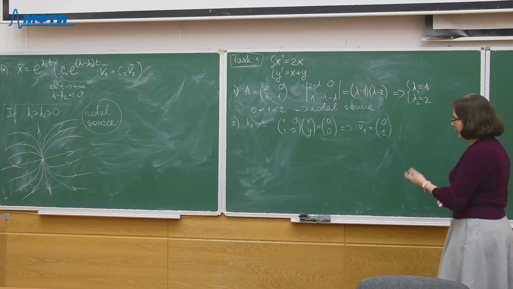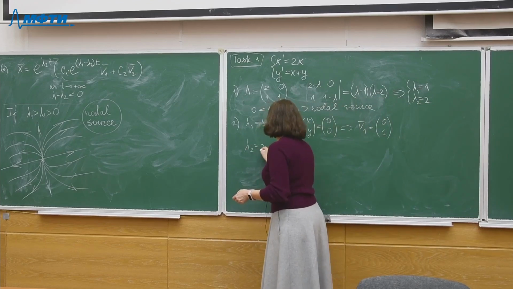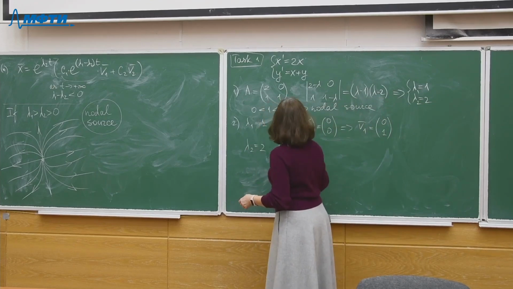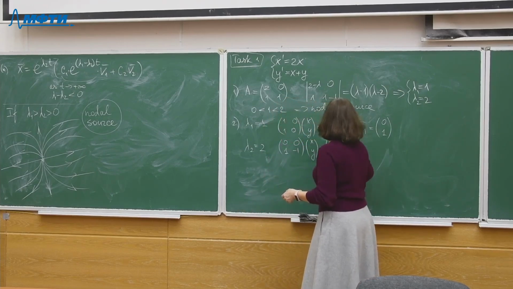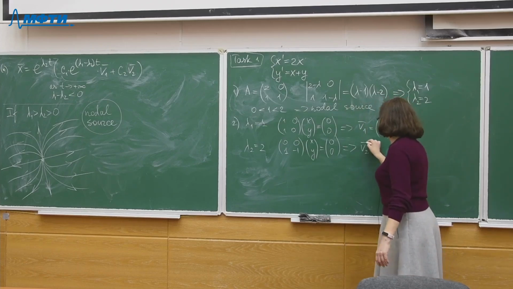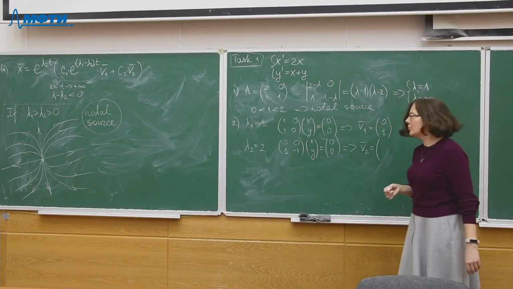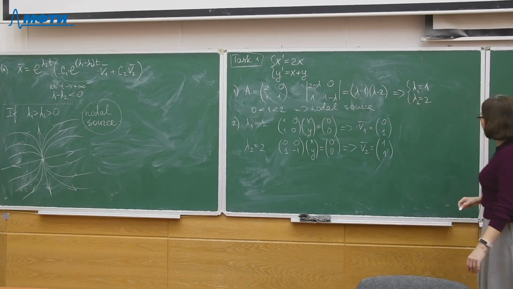And for lambda 2, which is equal to 2, we have the following: 0, 0, 1, negative 1. And so for the vector v2, we can take (1, 1).